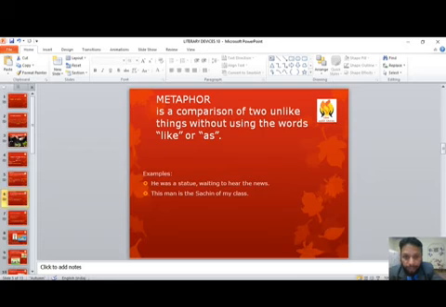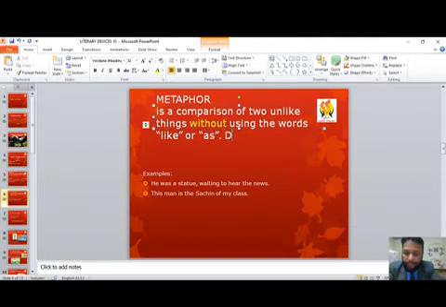Similarly, here is also comparison but without using them. In other words, you can say that metaphor is also a kind of comparison where two unlike things are compared without using like or as, or you can say this is a direct comparison. It is direct comparison.